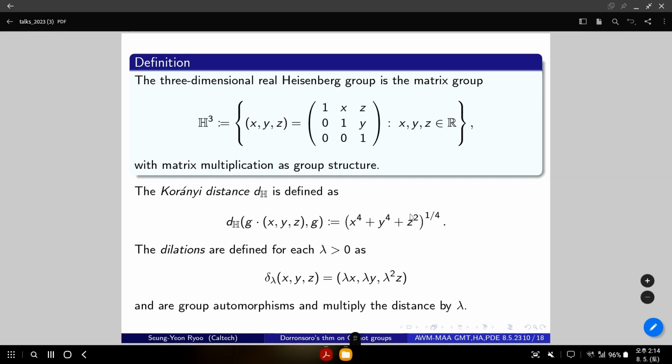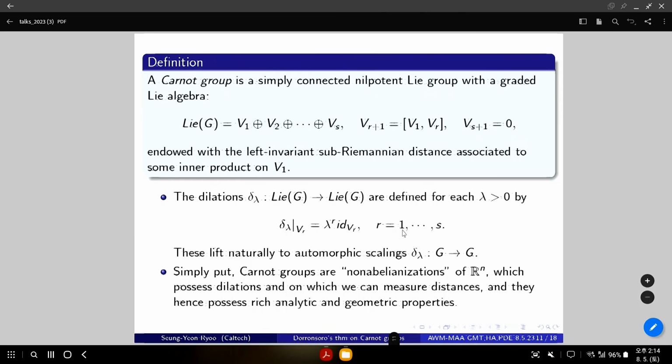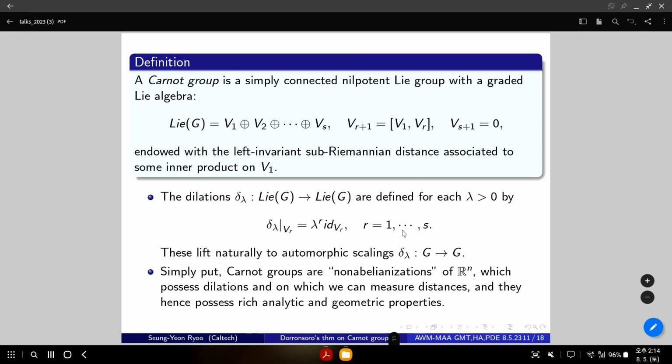So a Carnot group is an abstraction of this space and of Euclidean space. Formally, I'll throw out a bunch of words: a Carnot group is a simply connected nilpotent Lie group. It just means that it's R^n with a Lie group structure such that its Lie algebra is graded.